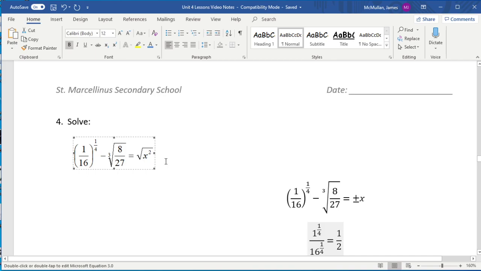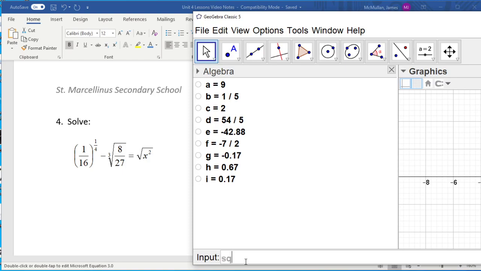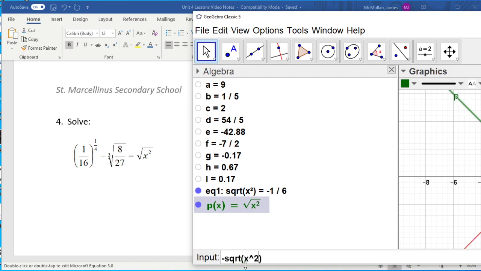Basically it's asking when is the square root of x squared equal to negative 1/6. And it isn't, right? Because the square root of x squared gives you the absolute value function. Well, we also know that square root sometimes means the negative square root, right? And then you can see that, yeah, there are two answers.